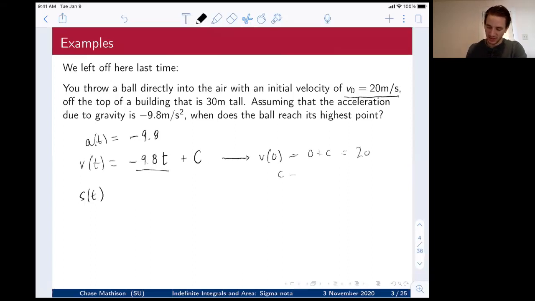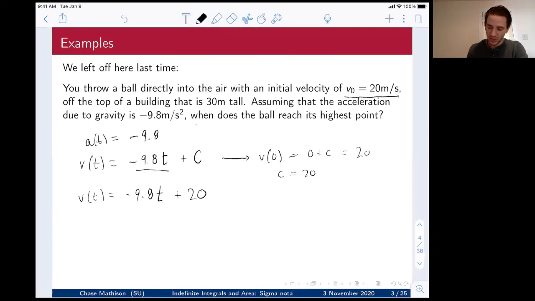So that tells me c is 20. So then v of t is negative 9.8 times t plus 20. And really, we don't need to get s of t. I'm going to write down s of t just so that you see the practice of getting another antiderivative.